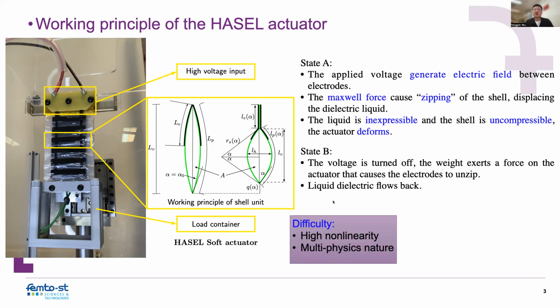The difficulties are that this actuator has high nonlinearities due to its geometry nature and the multi-physics nature. To handle those challenges, we propose to use the energy-based approach, namely the port-Hamiltonian framework, to deal with these two challenges.